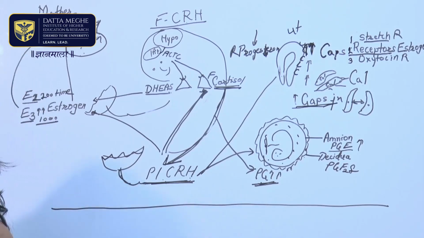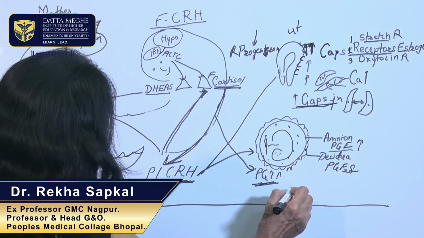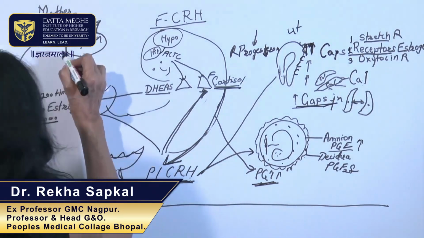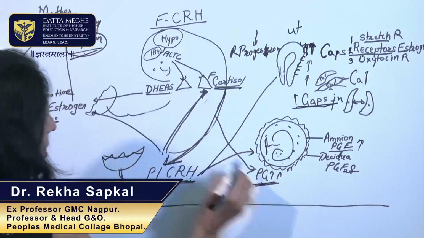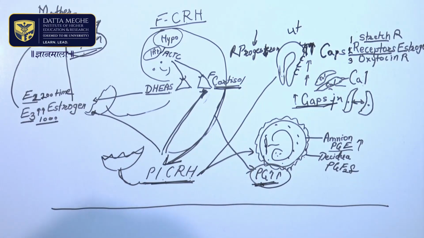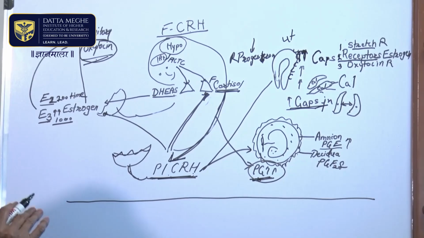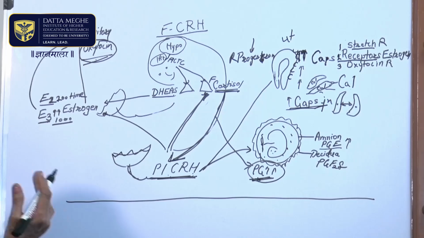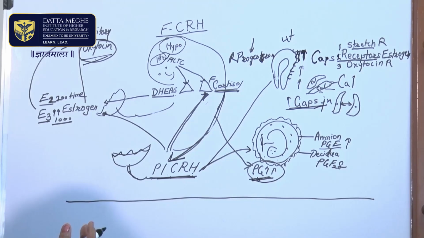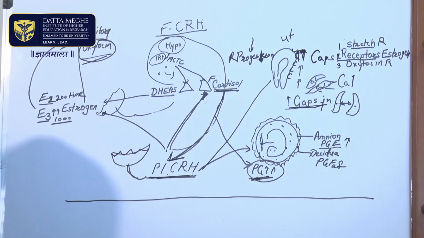Okay. So, with this, what are the uterotonics we have obtained here? One is oxytocin and the other is prostaglandin. These two are the uterotonics which make the uterus sensitive also, and make the uterus contract. So, they increase the uterine contractions.